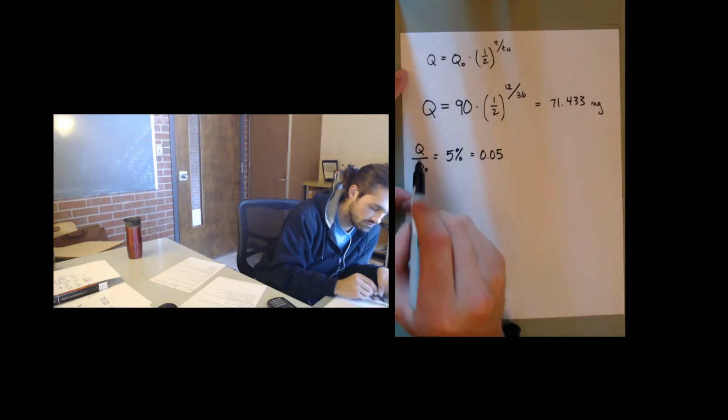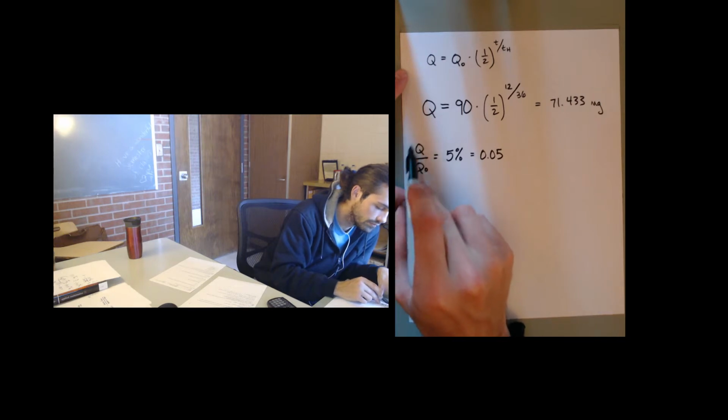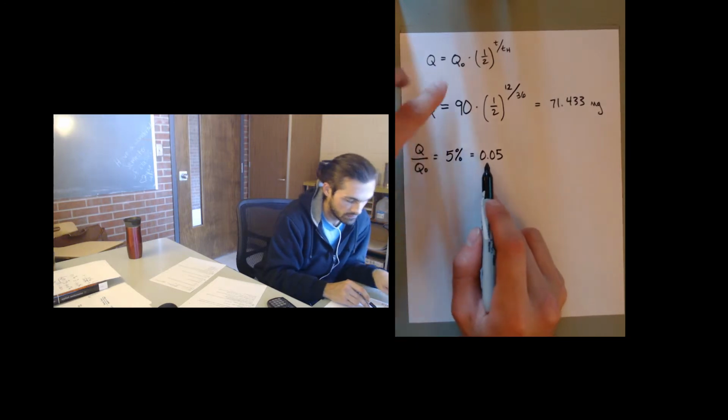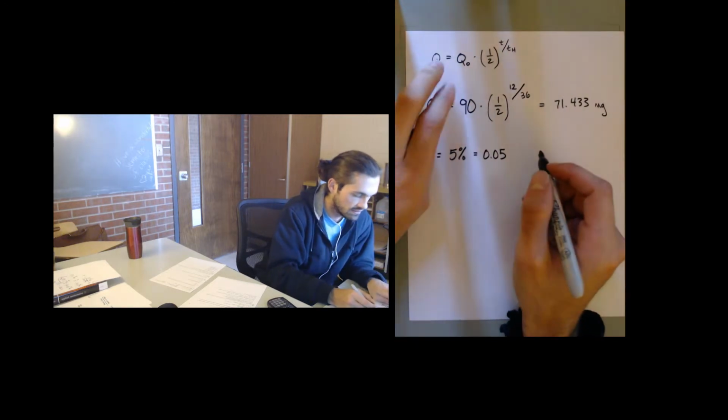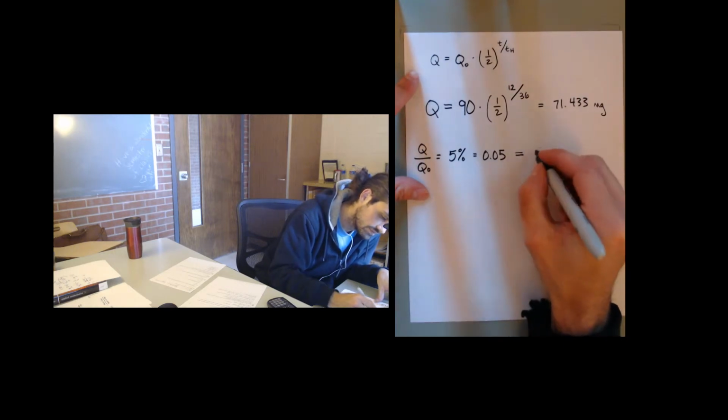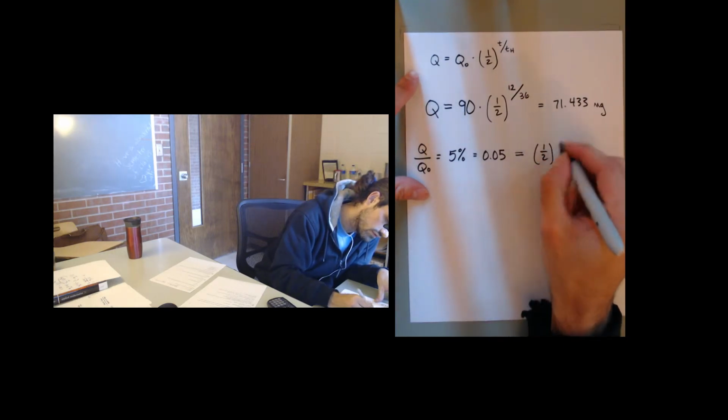If Q over Q naught is 5%, where Q is the amount you find and Q naught is the amount from the start, then if we take this equation and divide by Q naught on each side, we see that this must equal 1/2 to the T over T sub H.